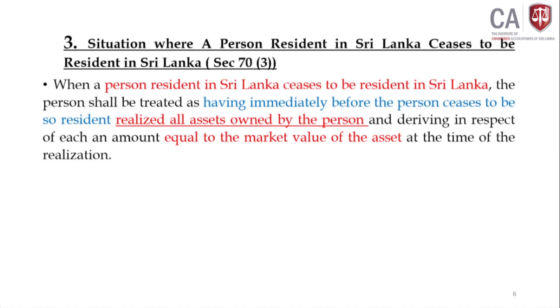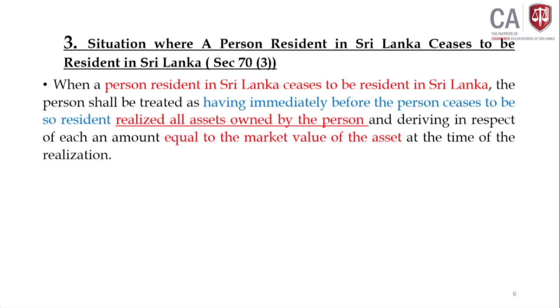Again, these are deeming provisions. We have to think at the point of change in the residence of this person who is resident in Sri Lanka, changing his residence to another country and becoming a non-resident person.